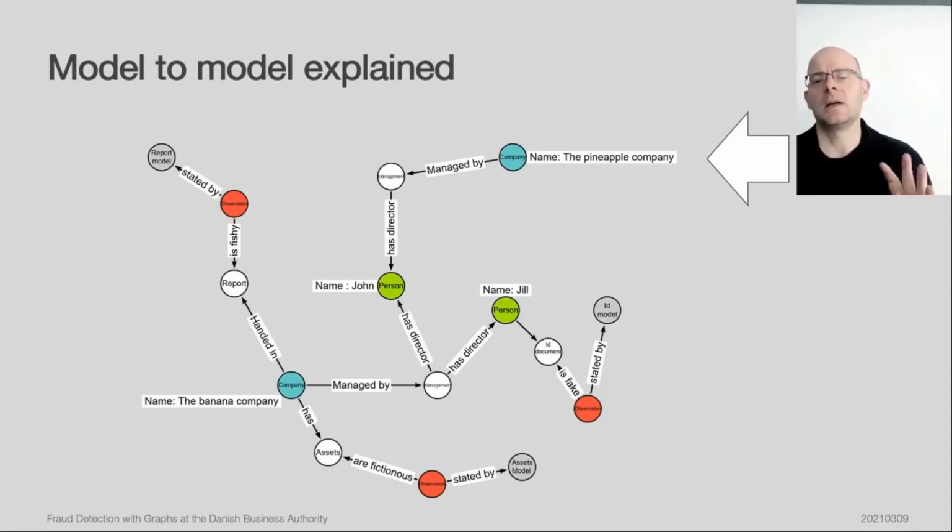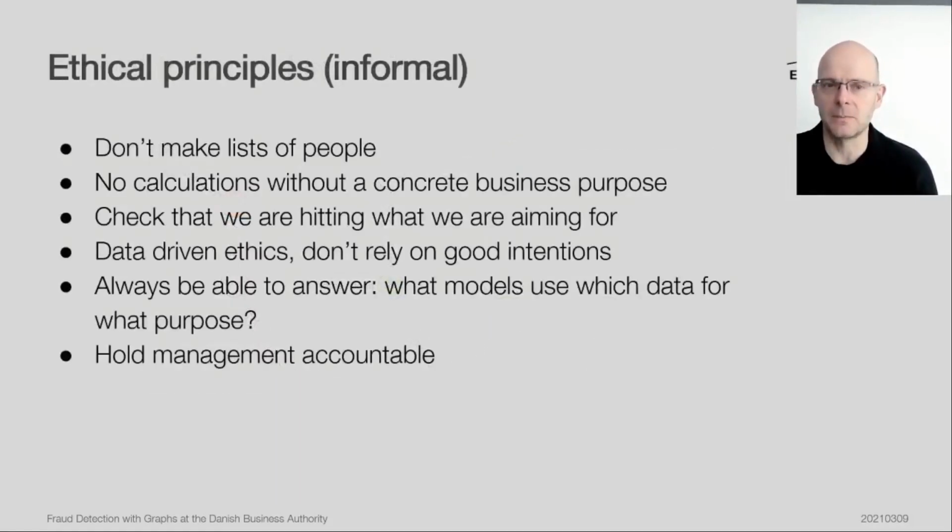So now that we have all this background information, it puts the pineapple company in another light. And it may be that, based on this information, we would like our colleagues in the control department to go through this company formation manually. Of course, we never automatically decide anything. It's always with a human in the loop.